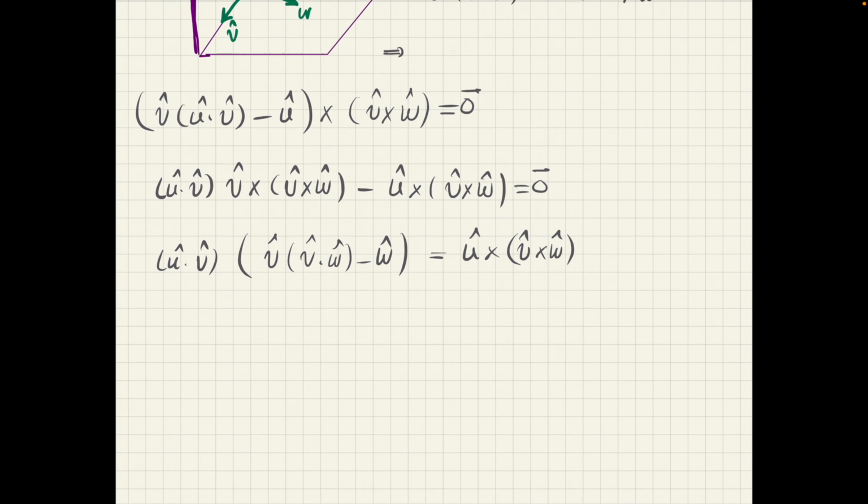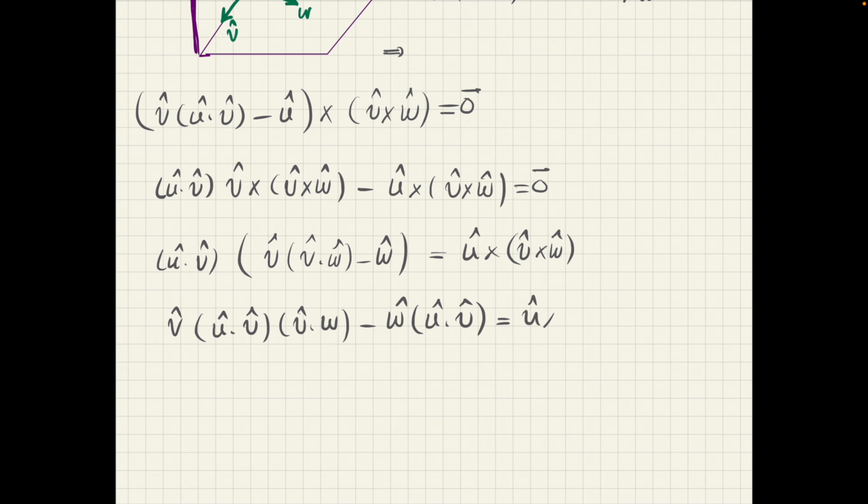And now one more step. I multiply this number in, so this becomes V U dot V dot W minus W, and then I will have U dot V equals U cross V cross W.